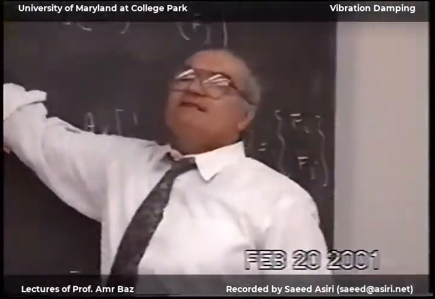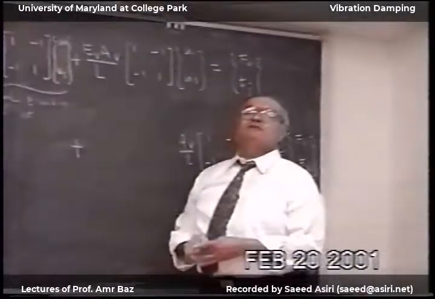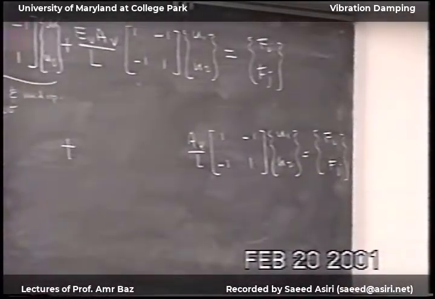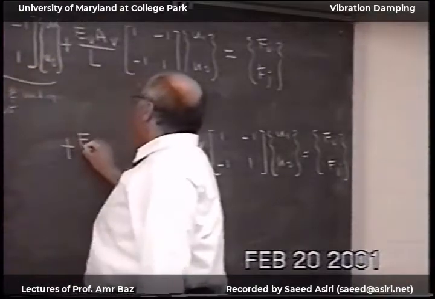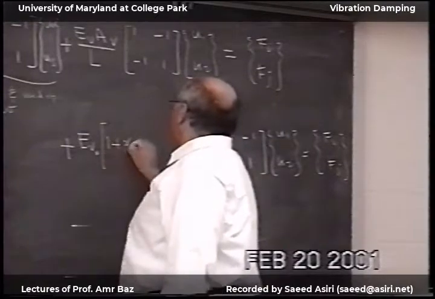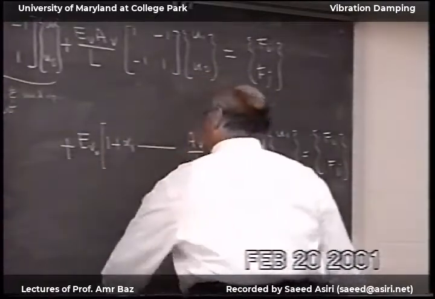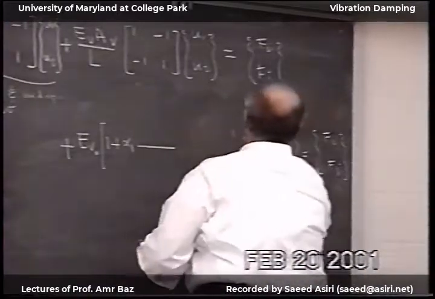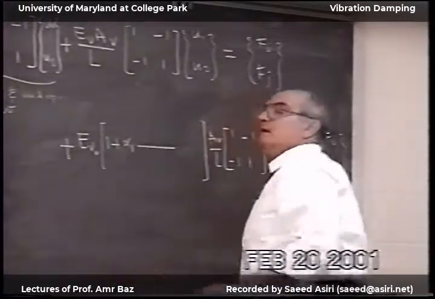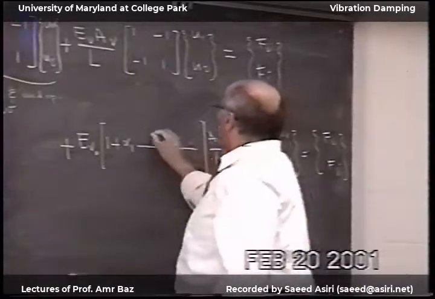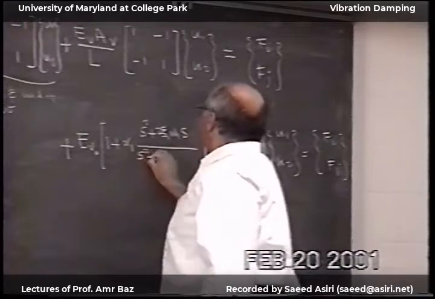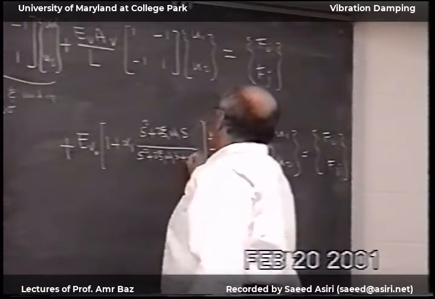Last time we said I can possibly write it, if I use this method, like this: E viscoelastic 0, and then 1 plus alpha 1, S squared over S squared plus twice zeta 1 omega 1 S plus omega 1 squared.